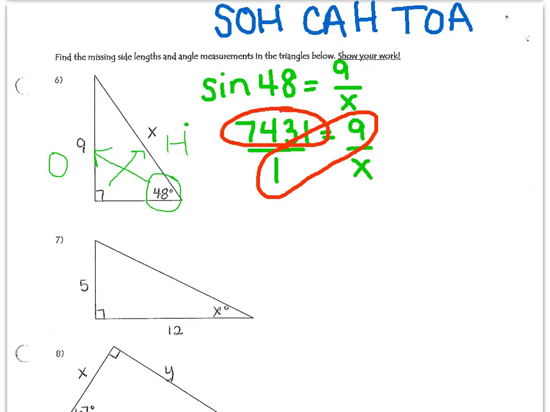So really you're going to end up doing 9 divided by 0.7431. And I end up with like 12.1. And that is correct. Okay? So your trig ratio is kind of what determines whether you'll be multiplying or dividing to get your answer.